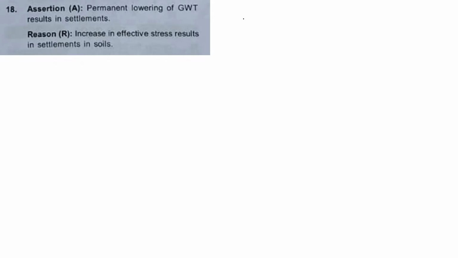If groundwater table goes down, then effective stress is equal to total stress minus U. As groundwater table goes down, the pore water pressure will decrease. And as pore water pressure decreases, the effective stress, sigma effective, will increase.